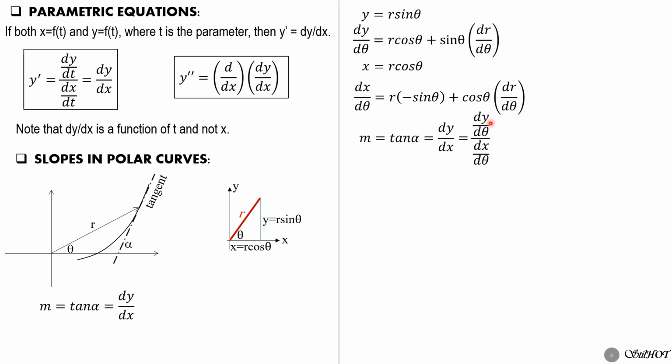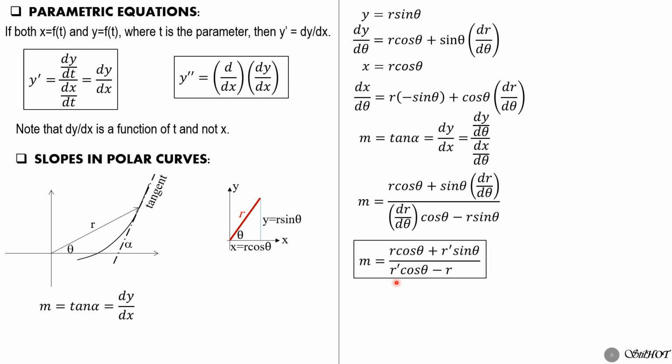So substituting these values, dy/d theta is r cosine theta plus, let's denote r prime, so sine theta times dr/d theta, all over dr/d theta times cosine theta minus r sine theta. Rearranging, and we note that dr/d theta may be replaced by r prime, so the slope is (r cosine theta plus r prime sine theta) over (r prime cosine theta minus r sine theta). So that's the expression for slope, and we defined r prime here as the derivative of r with respect to theta.